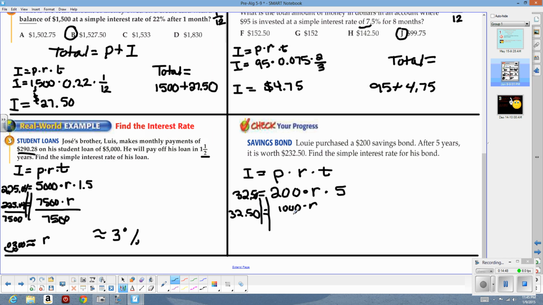Now to get R by itself, we'd have to divide both sides by 1,000. $32.50 divided by 1,000. Now to write it as a percent, 3 and 25 hundredths percent.